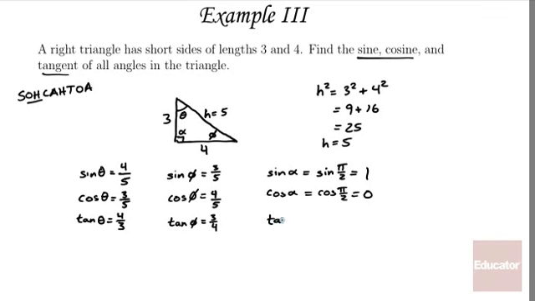And finally, tangent of alpha is tangent of pi over 2, and we haven't really learned about tangent yet, and in particular we haven't learned what to do with the tangent of pi over 2, but we'll get to that in a later lecture and we'll learn that that's actually not defined. So we can't give a value to the tangent of pi over 2.